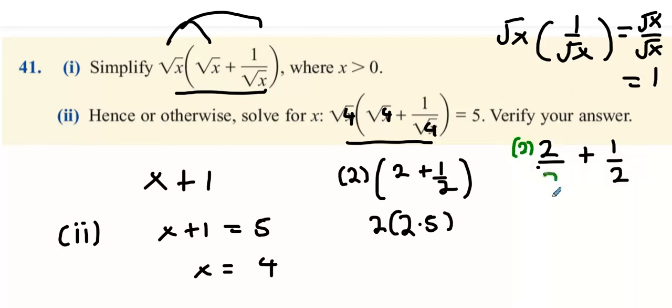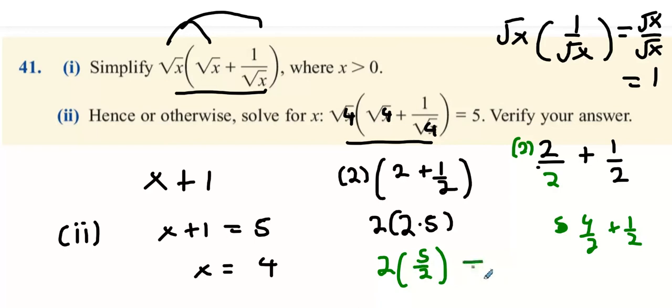You put 2 on the bottom, 2 on top, and you get 4 over 2 plus 1 over 2, which is 5 over 2. You can also have that written as 2 times 5 over 2. Can anybody tell me what 2 times 5 over 2 is? The 2 on 2 times 5? 10 divided by 2. Have we verified the answer? Yeah.